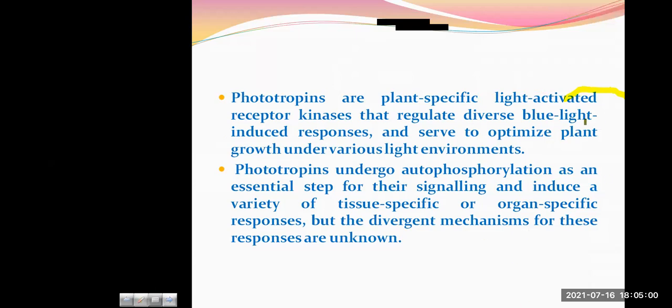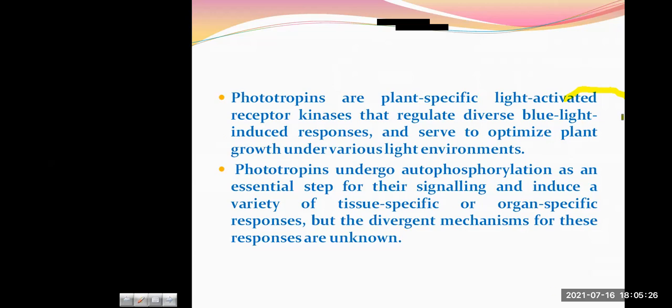Kinases means enzymes which add phosphate groups or phosphorus, and these photoreceptors regulate diverse responses in plants. They serve the plant to optimize plant growth under various light conditions.